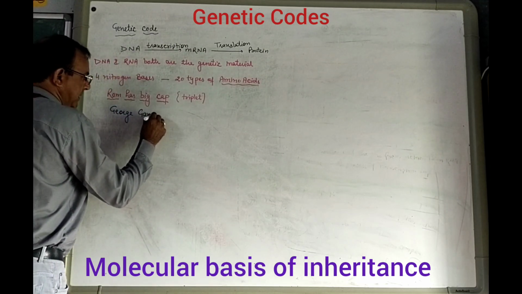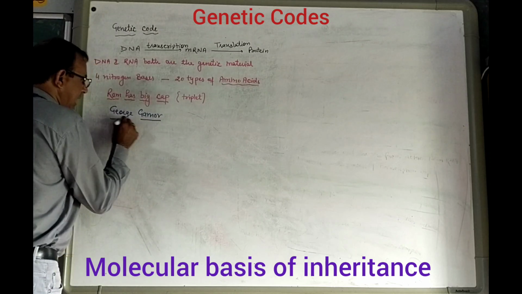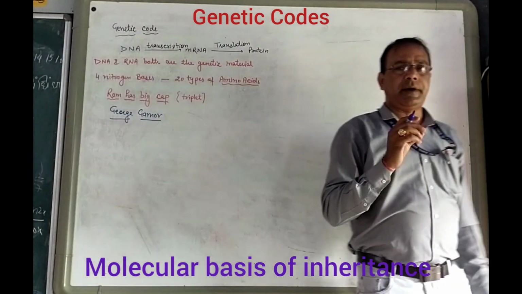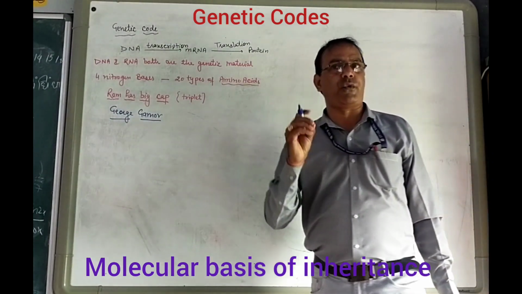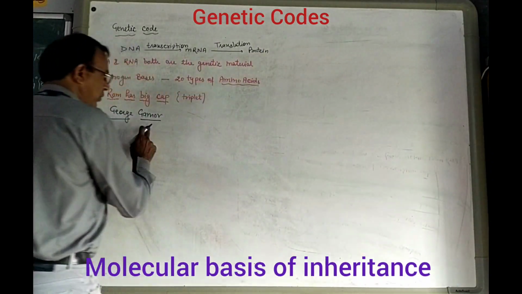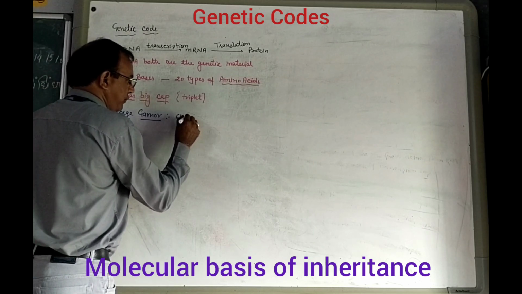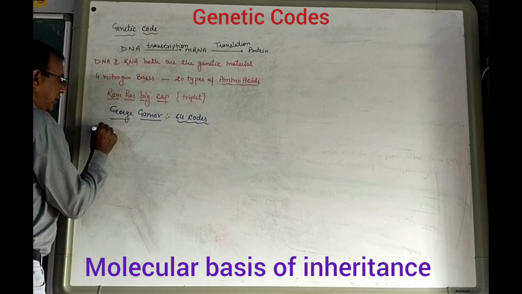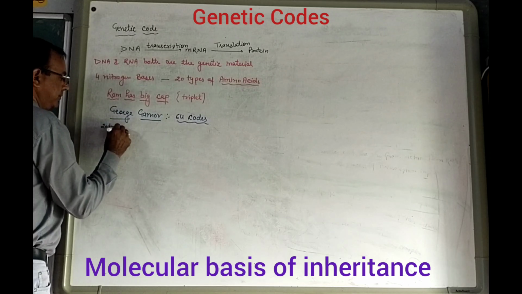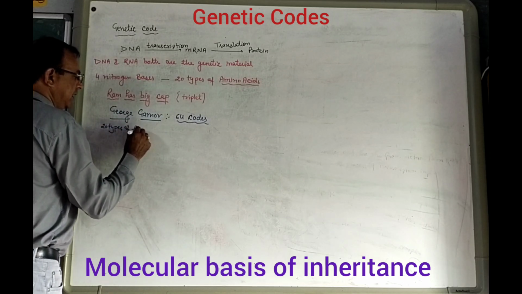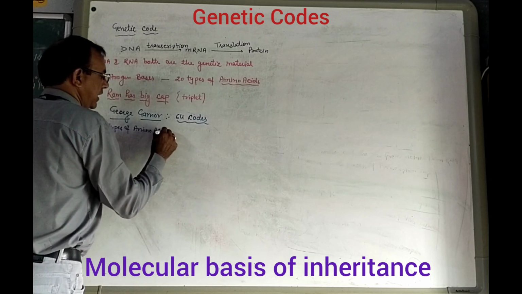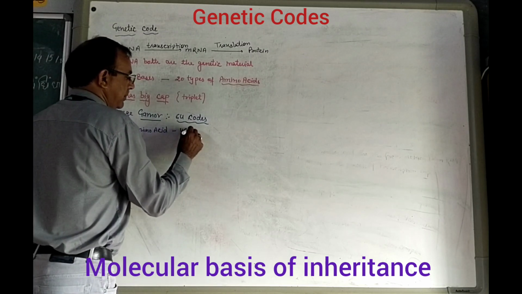George Gamow represented that 4 nitrogen bases with 20 types of amino acid make 64 codes. He proposed that there are 64 codes which represent 20 types of amino acid and contain 4 nitrogen bases.